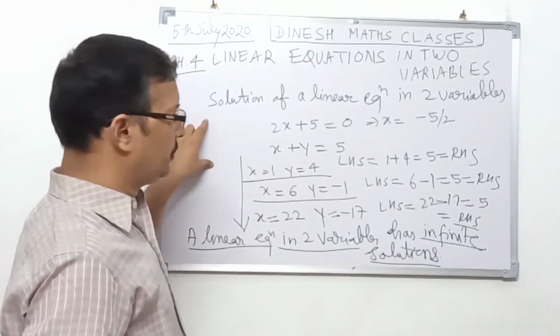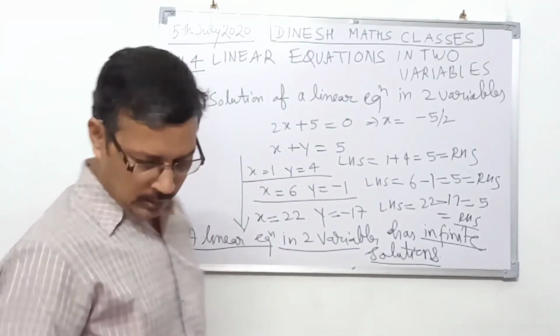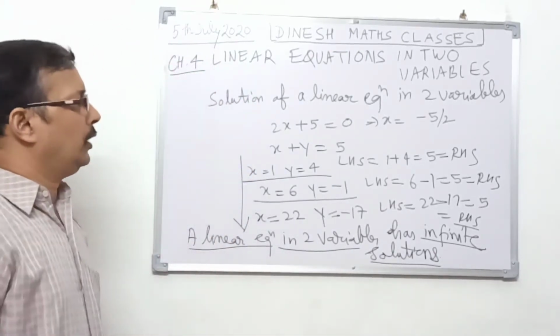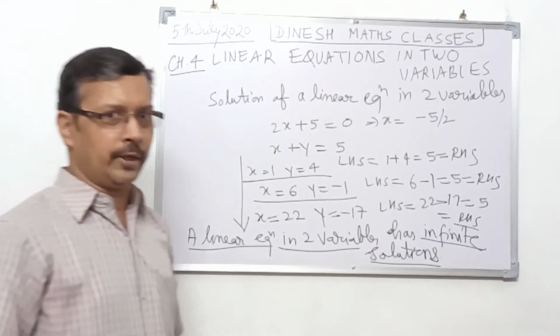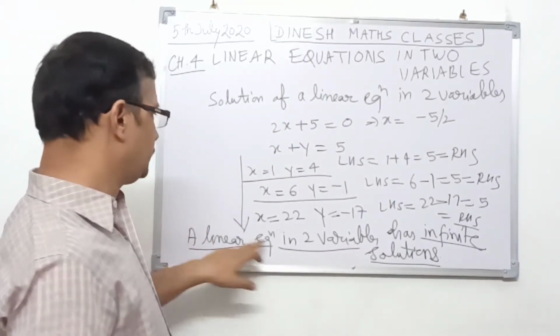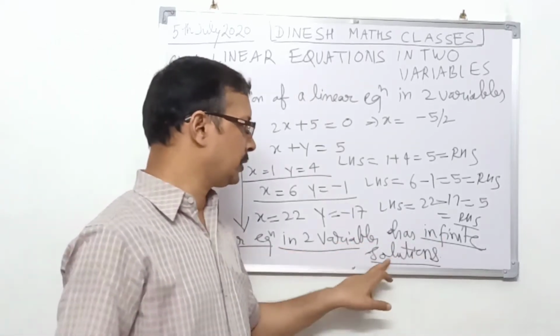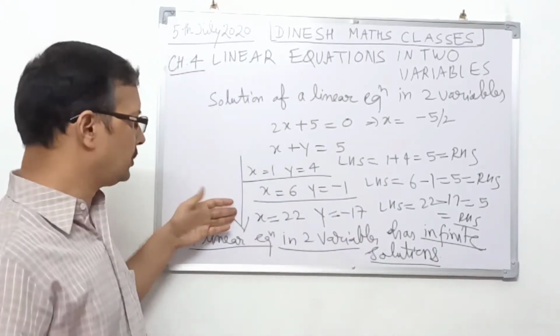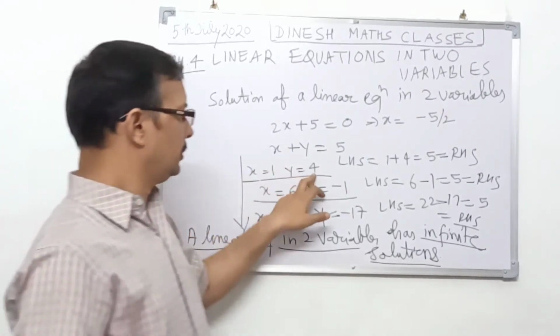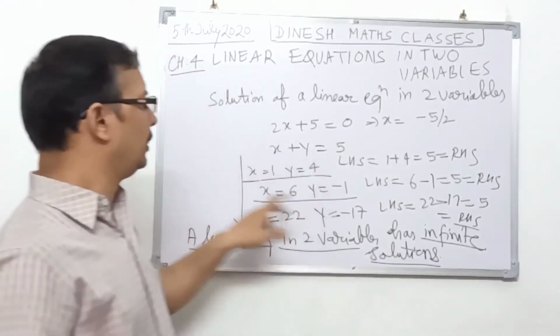So this is the main concept in this chapter. You have to study it for the second exercise, and now we come to exercise 4.2. So this concept you have to remember, that a linear equation in two variables has infinite solutions. And how to find those solutions? Give any value to x, then put that value here and you can find y.